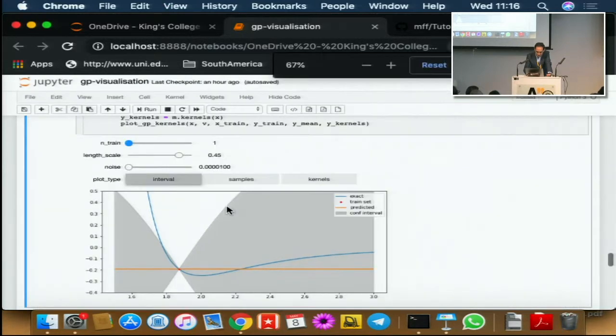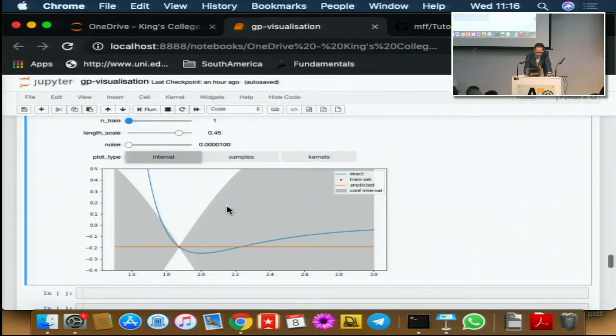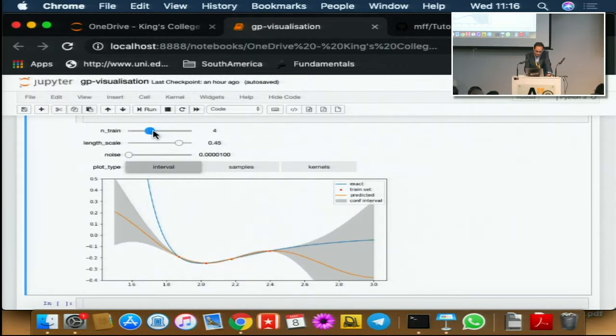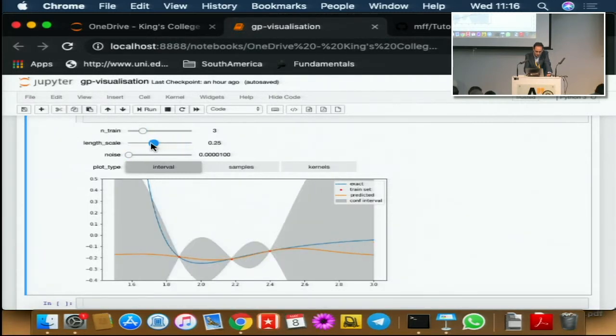Okay, so this is, again, a Gaussian process fitted on one data point of a Lennard-Jones with a given length scale and a given noise. So you can see, okay, increasing data points will just change, of course, the posterior. I'm plotting the posterior. And you can see how changing the length scale completely changes what you learn.